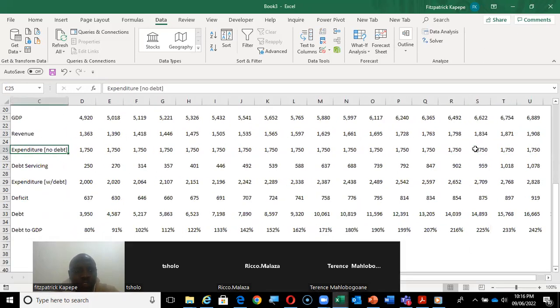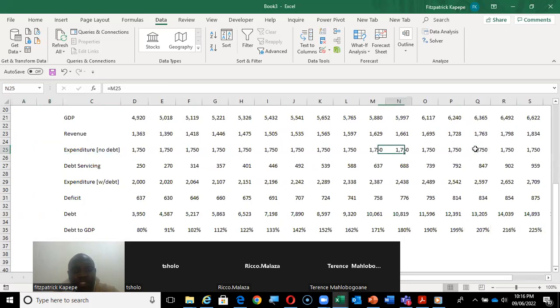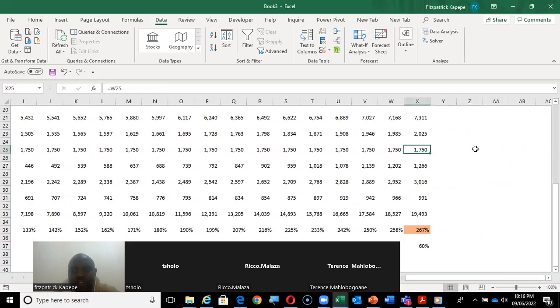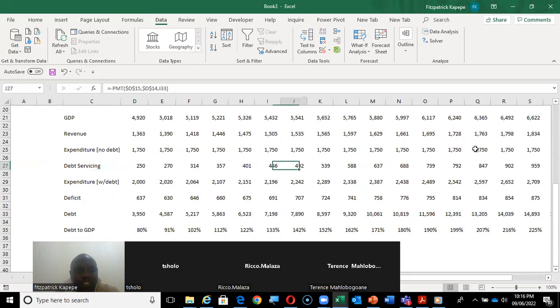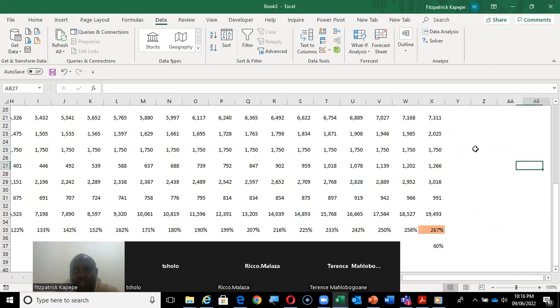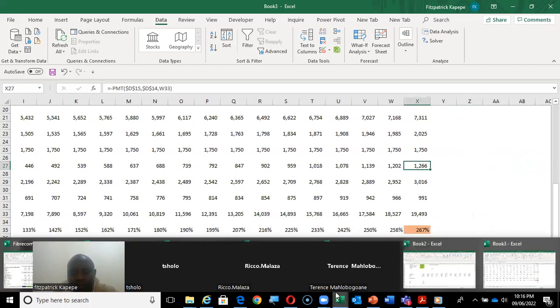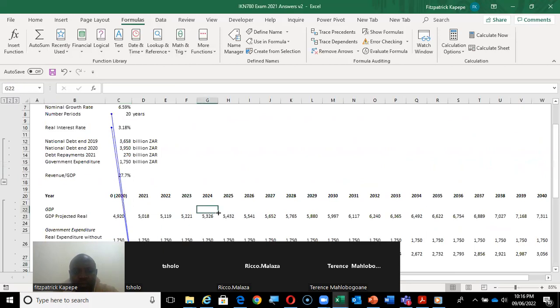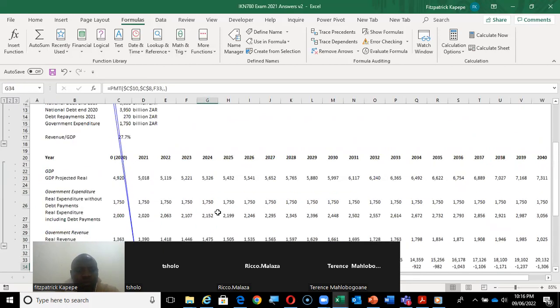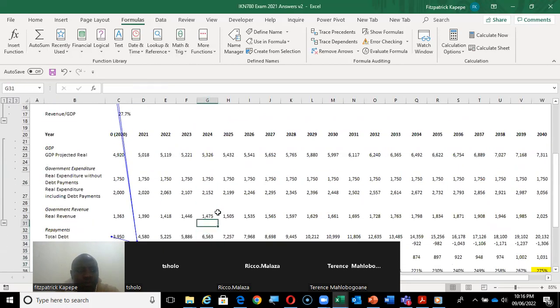Then this one is given expenditure without debt, 1750. Yes. Then on debt servicing, which obviously maybe could be called interest payment, whatever. What's the last number on debt servicing? I don't see that.